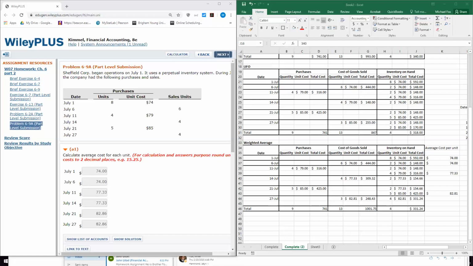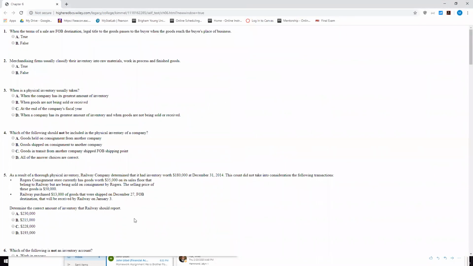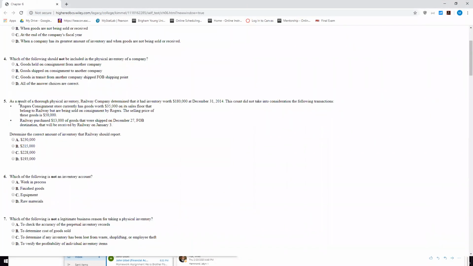Okay. There was one about a 180,000 inventory, and then it said these things were not considered. The first one was about consignment, like 35,000. As a result of a thorough physical inventory, Railway Company determined it had an inventory worth $180,000 at December 31st, 2014. This count did not take into consideration the following transactions.